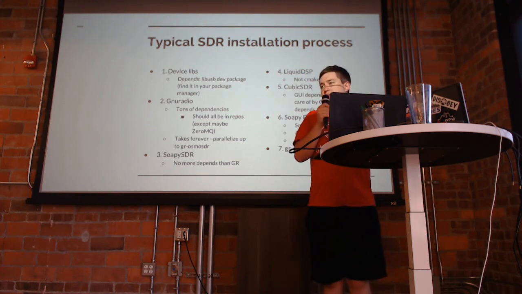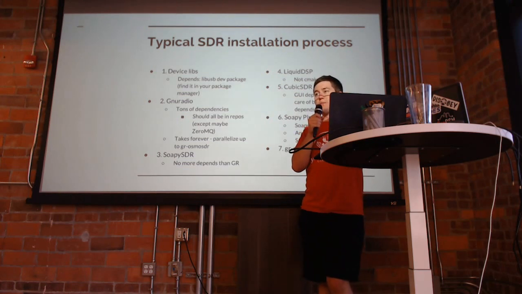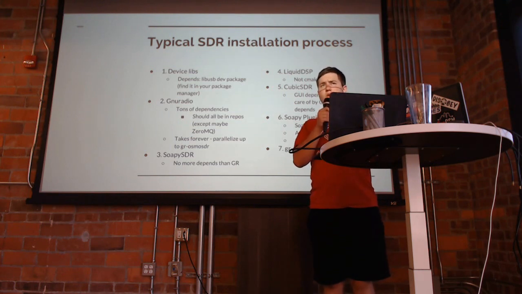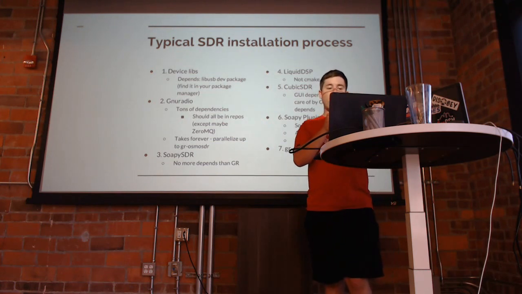CubicSDR, same thing, installs out of a GitHub repo, works pretty well, and you shouldn't have any extra dependencies. Then finally, the specific plugins for Soapy, and then GR-Osmosdr. If you go in this relative order when installing all this stuff, it all wraps up and picks up optional dependencies and hardware support well enough.